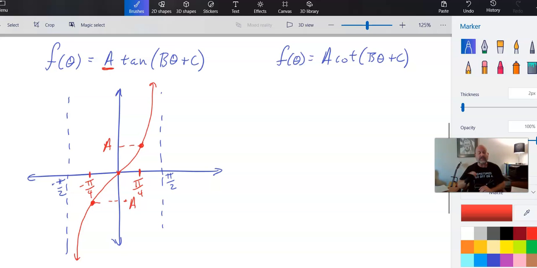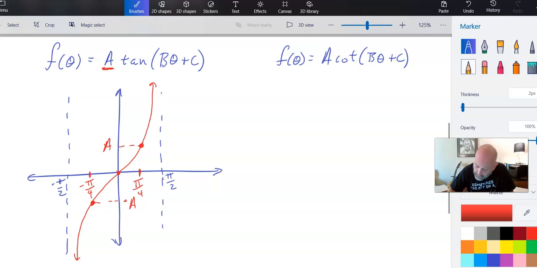Right? So we actually have 5 points that we can use to graph tangent with. We have the two asymptotes, those are your outside pieces. Then you have your center, the halfway mark between the two asymptotes. And then you have the quarter marks, right? So really, when we graph this, we want to break it up into 4 pieces and see what happens at each of the boundaries.